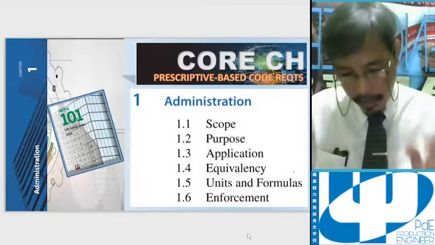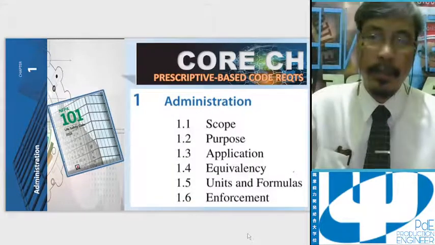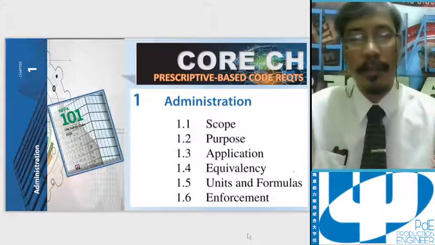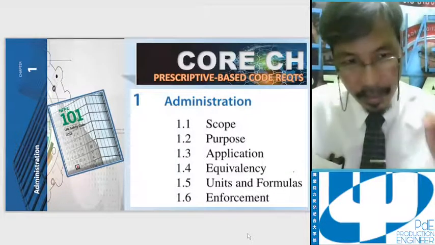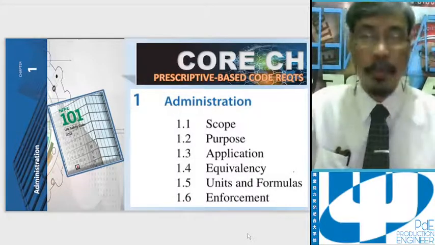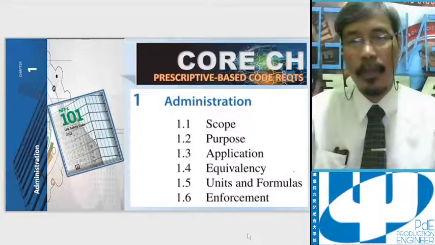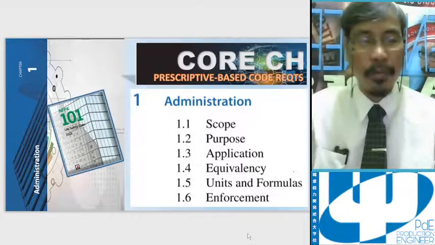Code is a detailed collection of standards, and because it is detailed, there are the units and formulas. Okay? The use of units and the use of formulas. And what format? In what system are we going to do it?